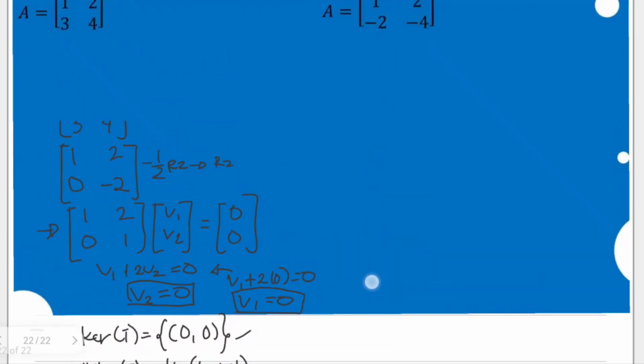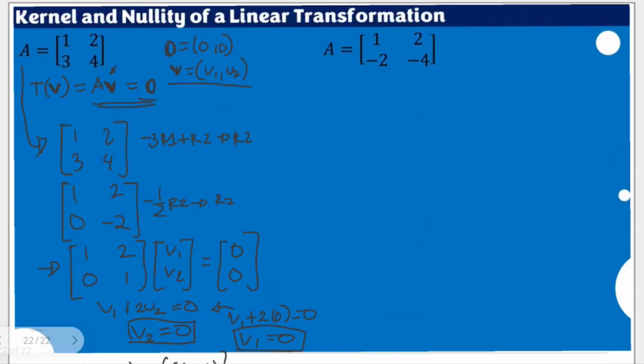Let's proceed to the second example here and do the same thing. Again, before we use this, let's come up with the row echelon form of this. You have 1 and 2, negative 2, negative 4. To make this 0, multiply 2 to R1 plus R2 for a new R2. This would mean 1, 2 here. 2 times 1 is 2, plus negative 2 is 0. 2 times 2 is 4, plus negative 4 is 0.